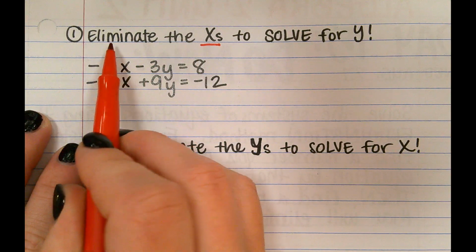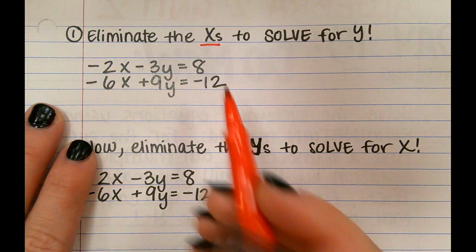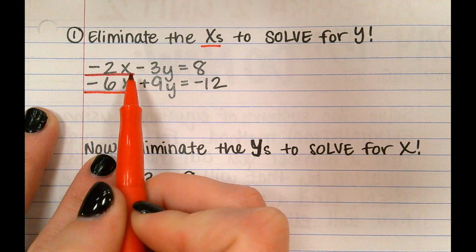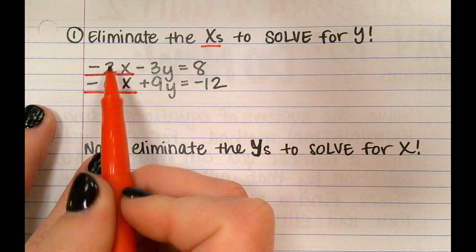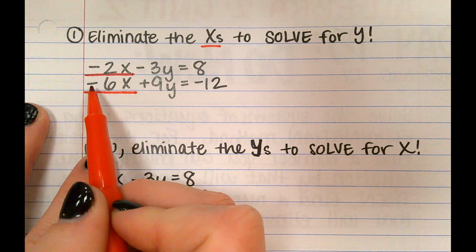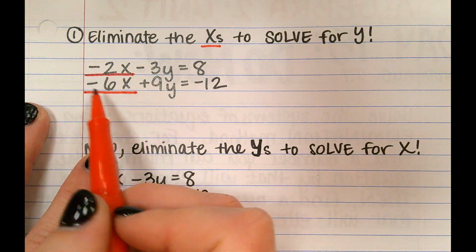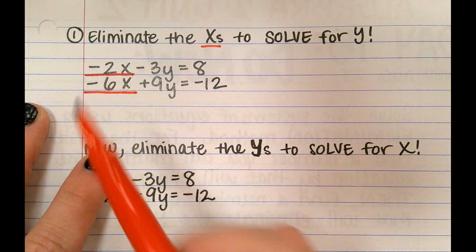So in number 1, we're going to eliminate the x's to solve for y. So first, we're looking at our x values. My first equation, the x has a coefficient of -2. The second equation, my x has a coefficient of -6. What do I want one of these numbers to become?